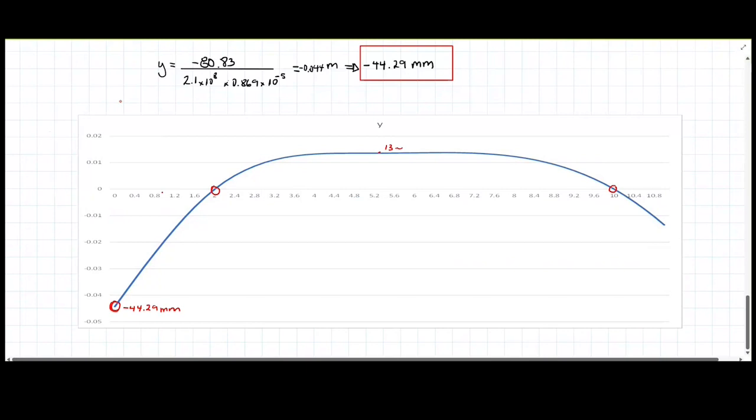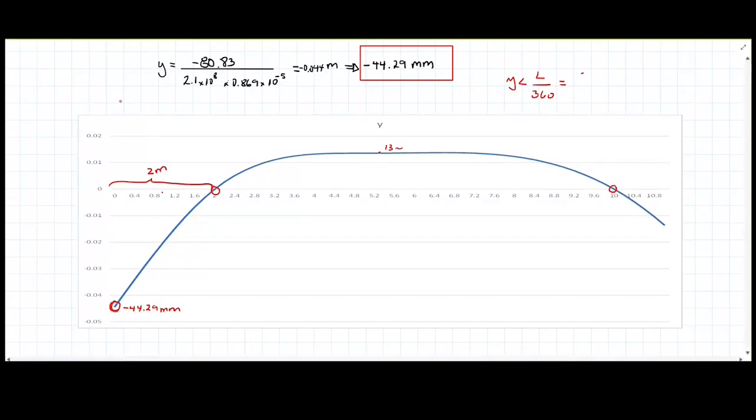Now, what do I do with this information? Well, I know that I have to meet the criterion that this y has to be less than L divided by 360. This segment is going to be L1 that we mentioned, and that's going to be 2 meters. If I'm working in millimeters, I'm going to say 2,000 millimeters divided by 360. And that's going to be equal to how much?